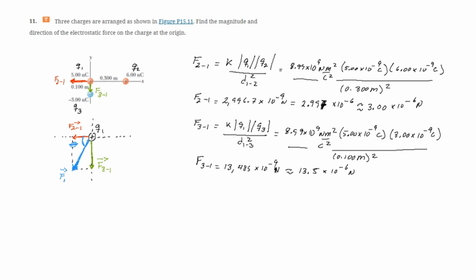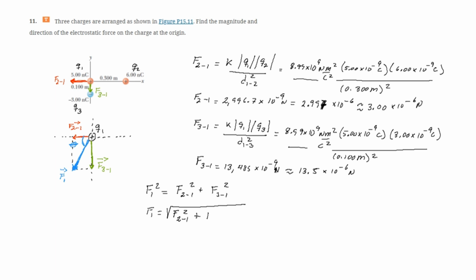Now, using the superposition principle, I can say that the square of the force F1 is equal to the square of the force of 2 on 1 plus the square of the force of 3 on 1. So I can now solve for the force on particle 1, and that is the square root of the square of the force of 2 on 1 plus the square of the force of 3 on 1.